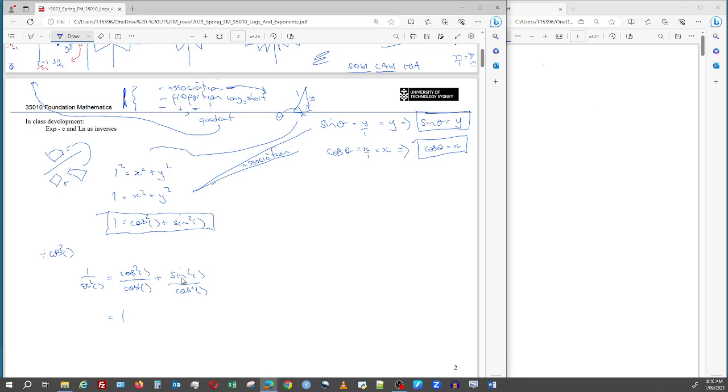Sine is y. Oh, that's rise over run. That's m. And we've also learned that it's tan. Okay? So tan theta. So because they're squares, it's going to be tan squared theta.